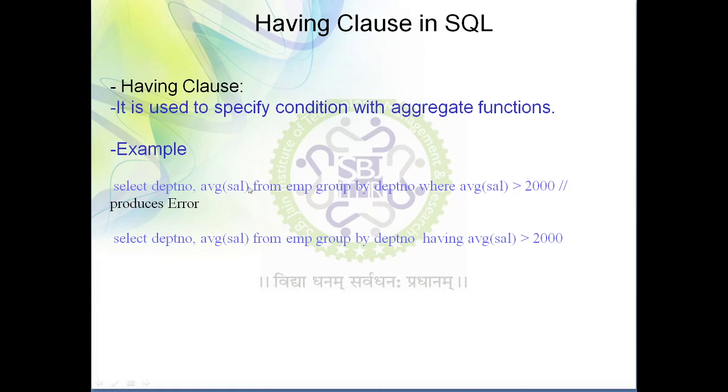It will produce an error for you. So what is the ultimate solution? Instead of using the where clause, you have to use the having clause. Only one change I will make over here. Here the where clause is there and here the having clause is there. As soon as you write the having clause over here, your query will run properly.